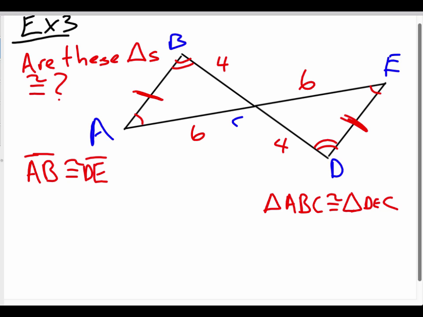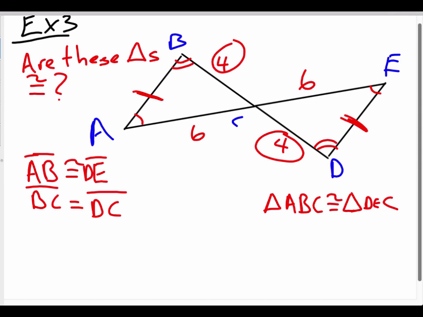All right, so let's do the next one. BC should correspond to what? DC. We know it does because it tells us the length from D to C is 4 and the length from B to C is 4. Okay, cool. Let's do C to A, or we'll just say AC. Now, AC is 6, and that should correspond with EC.